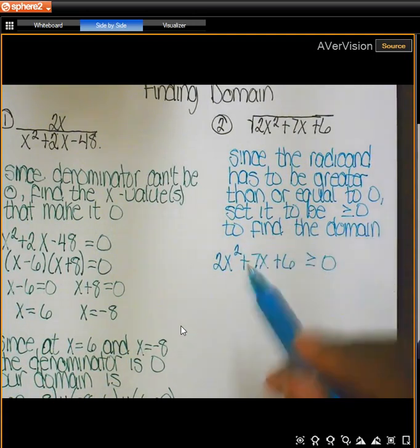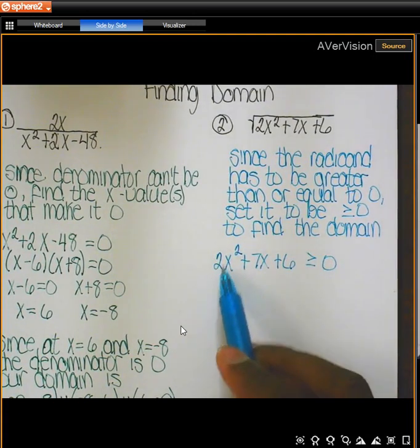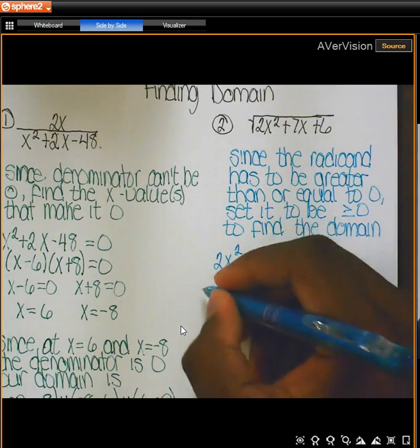So remember, whenever we're factoring and this value over here is not 1, we have to multiply it to c, which is 6.